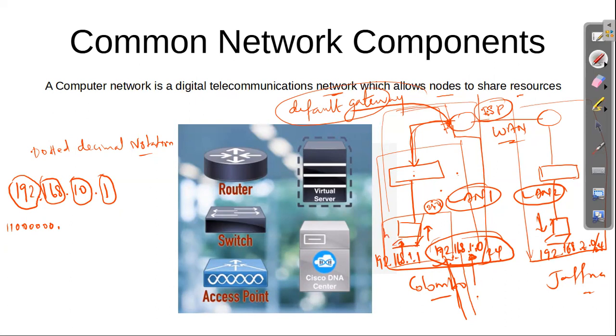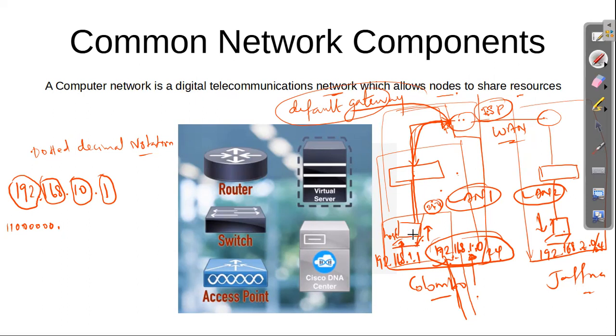When it tries to communicate with a host in a different network, it will send to the default gateway. Then it will examine its routing table and send to the destination. That's what is happening here.